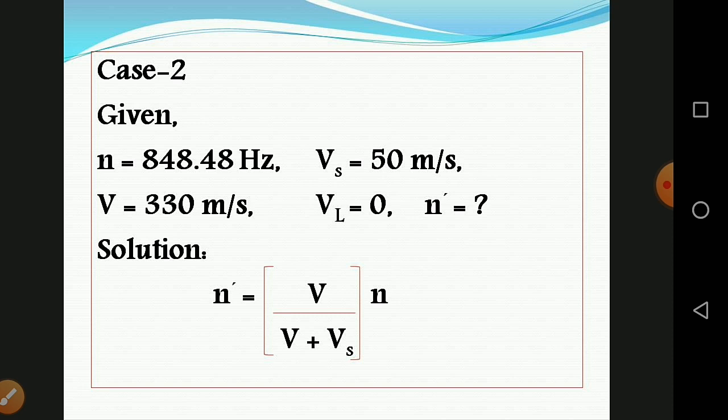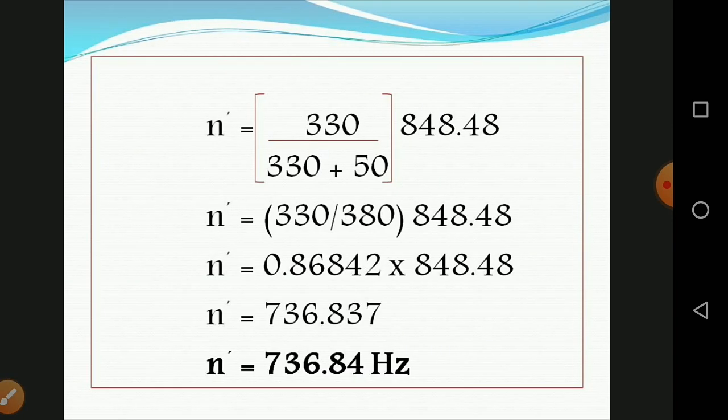So N dash is equal to V divided by V plus Vs, because the source moves away, that means the source moves right to left. So N dash is equal to 330 divided by 330 plus 50, that is 380, into 848.48.